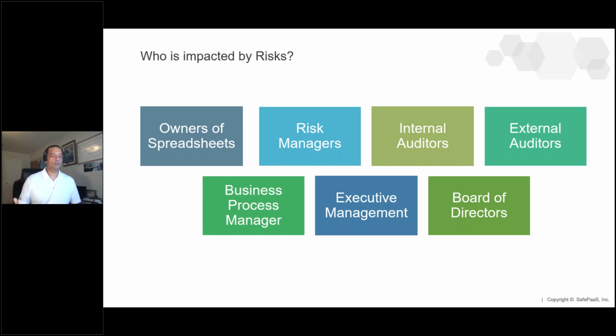Certainly executives and boards as well, as these results are rolled up to them. So in a nutshell, everyone at the enterprise level is impacted. It becomes one of those risks that is on the list of every department and every individual involved with reporting results.